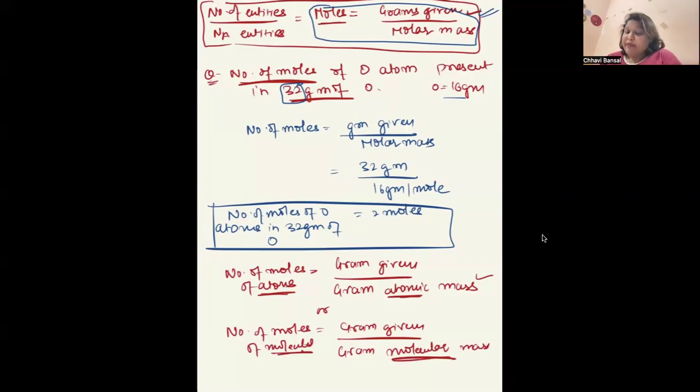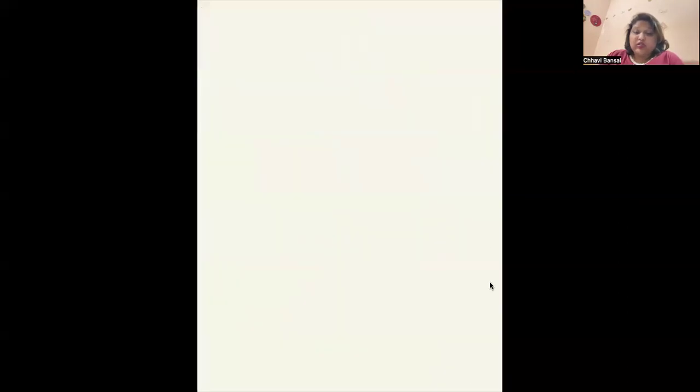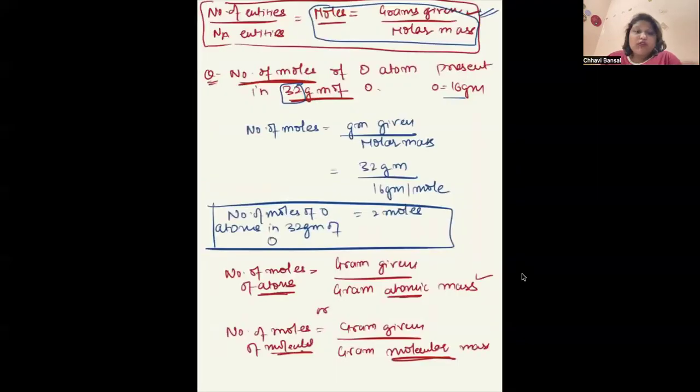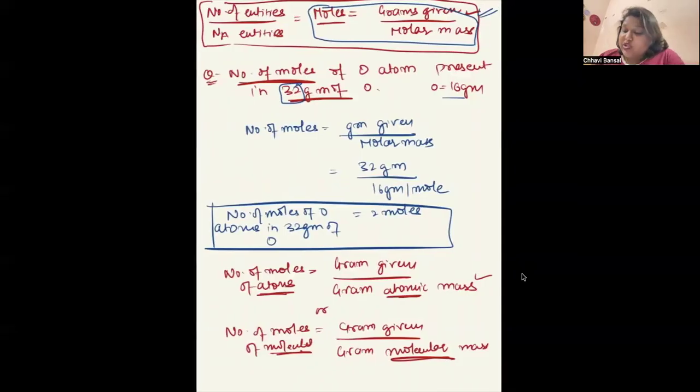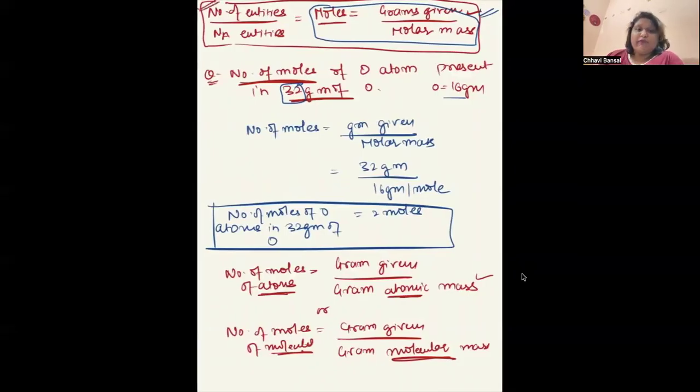Okay. Before we go to solve the question for gram atomic mass and gram molecular mass, let's solve the question for this one bit formula.